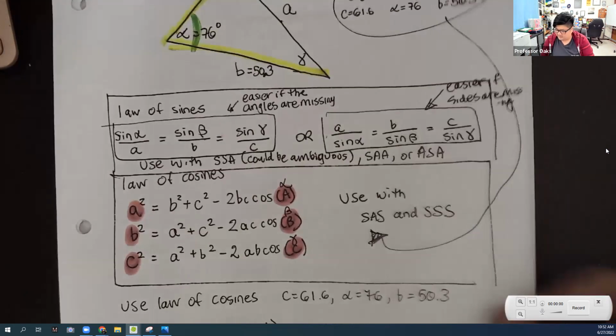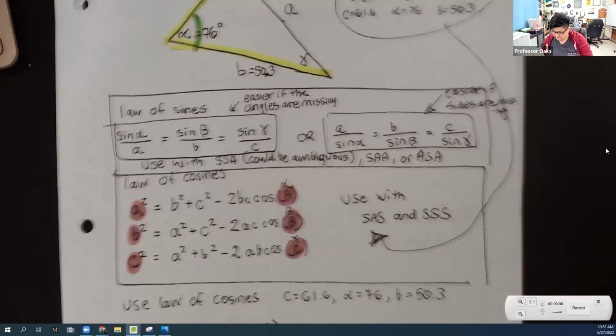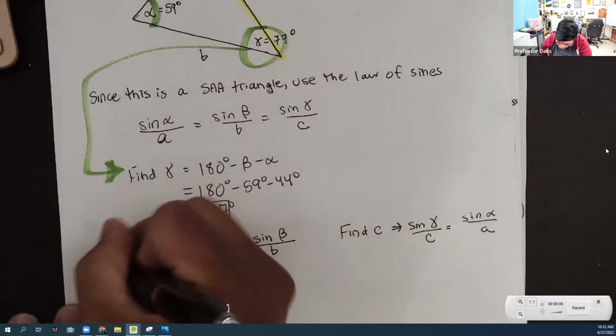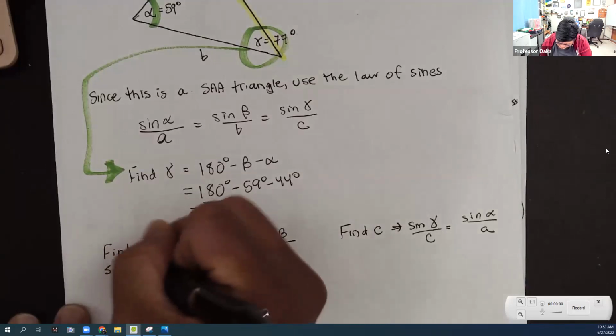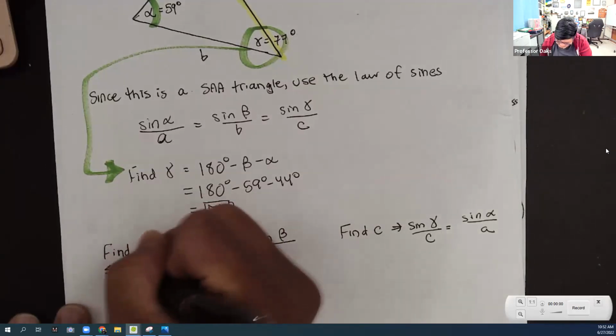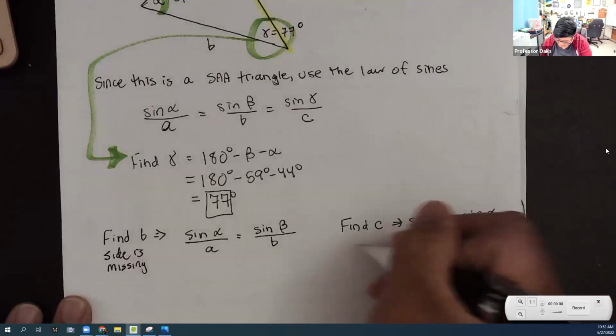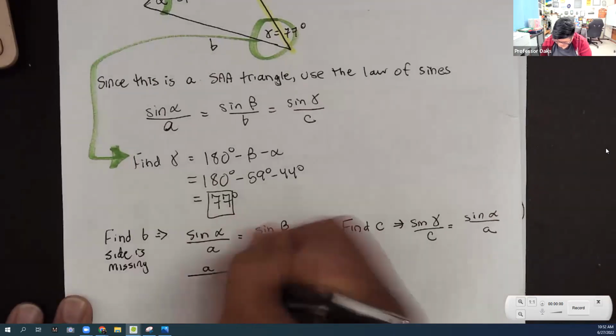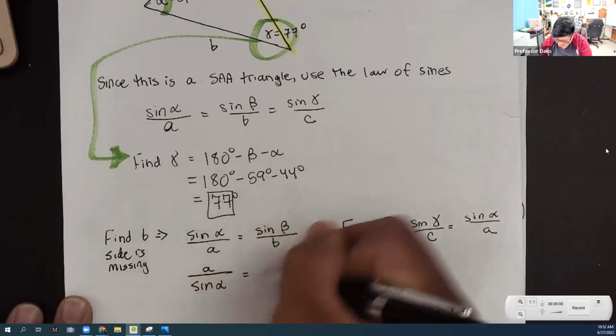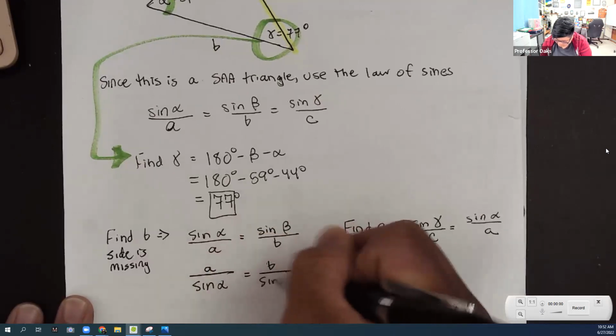Because in number 4 the side B is missing, I probably would use the reciprocal instead.